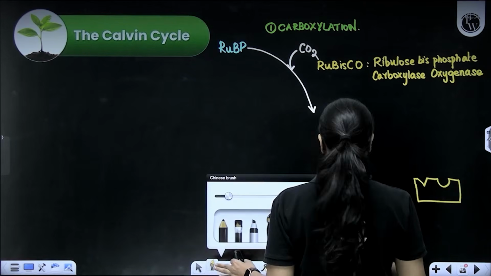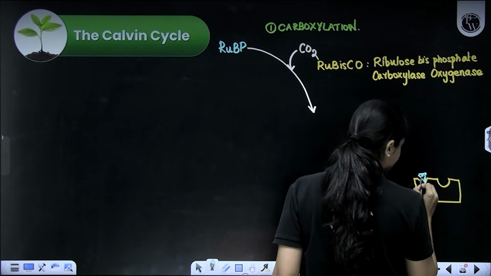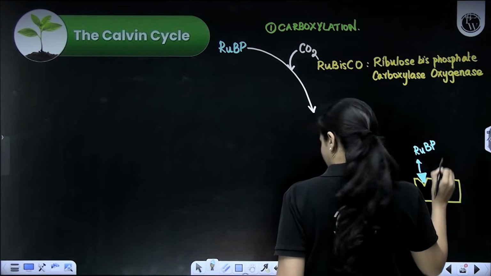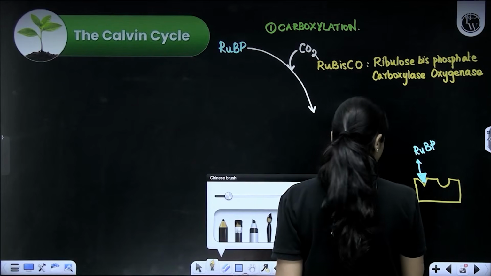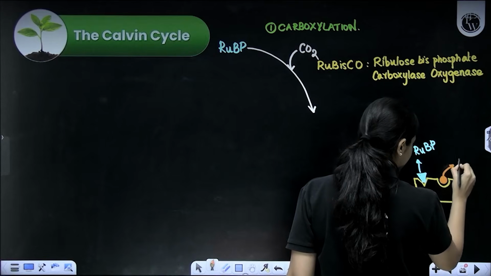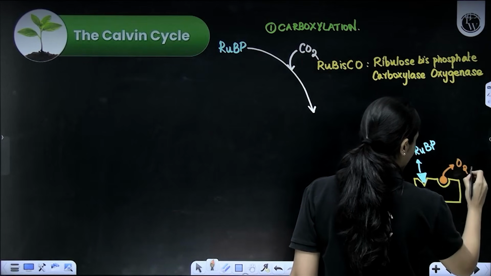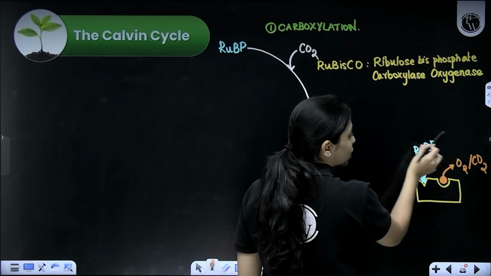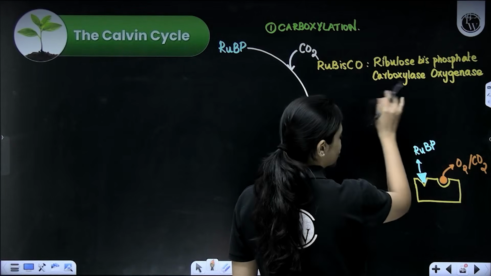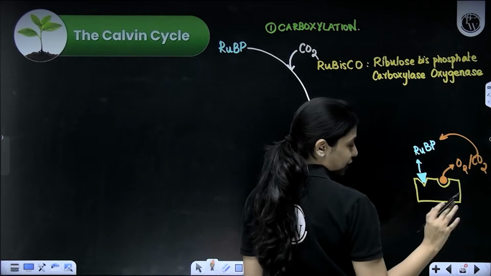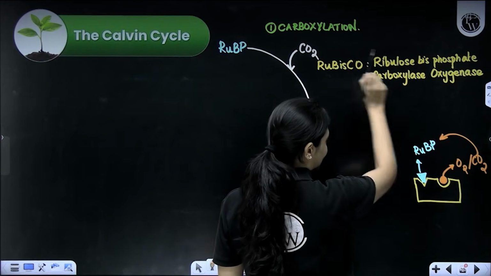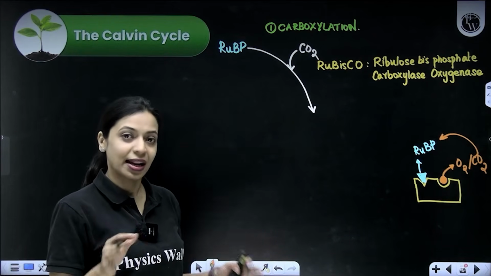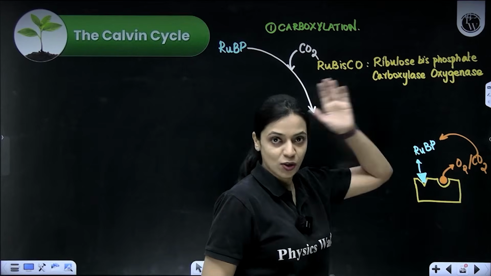To one of its active sites, it will bind to RUBP. On to the other site, it can bind either to oxygen or to carbon dioxide. So, it can add carbon dioxide to RUBP or it can add oxygen to RUBP. In this case, it is showing its carboxylation activity, but it can sometimes add oxygen also to RUBP. We will talk about that later. Since it has that ability, we call it carboxylase oxygenase.